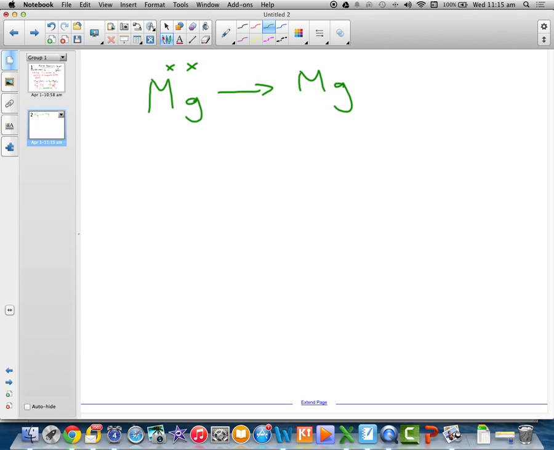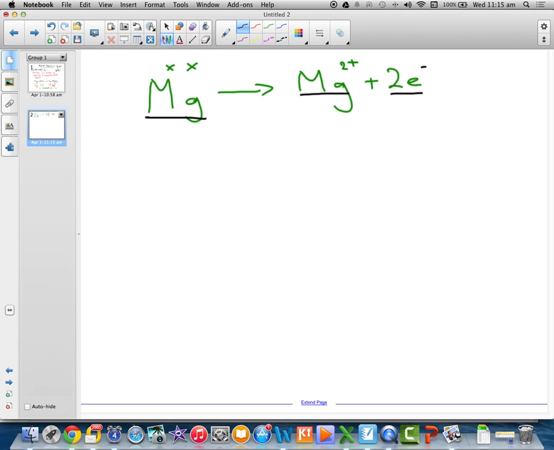And the reason we had the magnesium ions is because the electrons have been lost. So we started with magnesium atoms that have 2 electrons in the outer shell, and those electrons were lost. So here's our lost electrons, which leaves us with a magnesium ion.